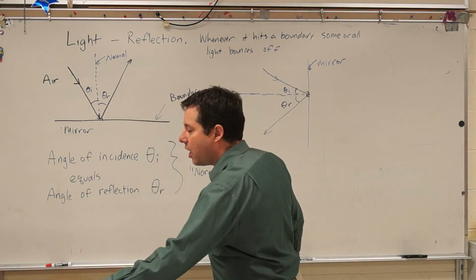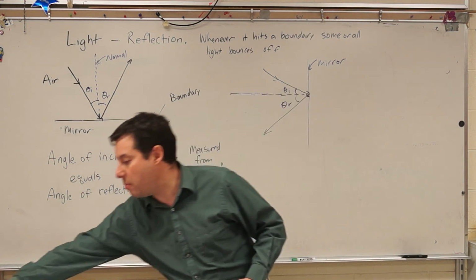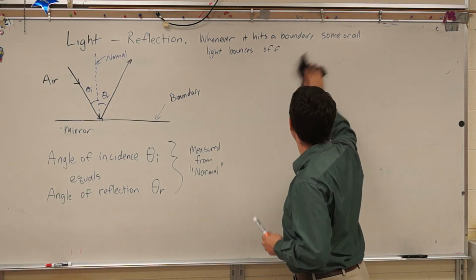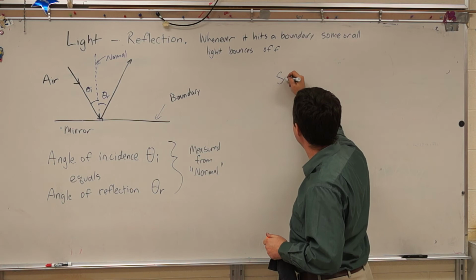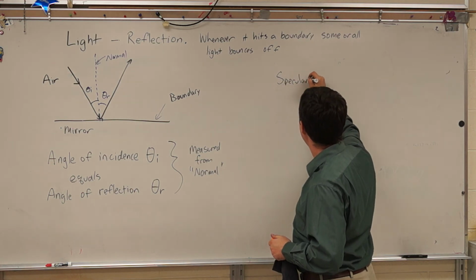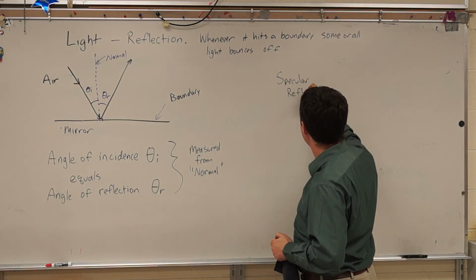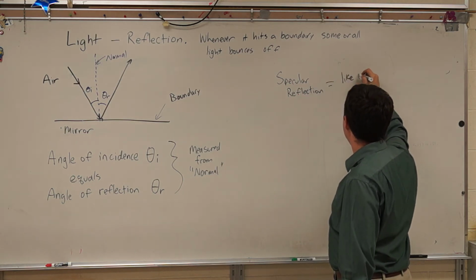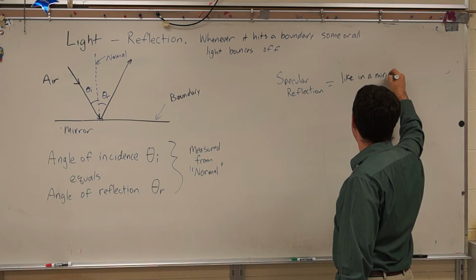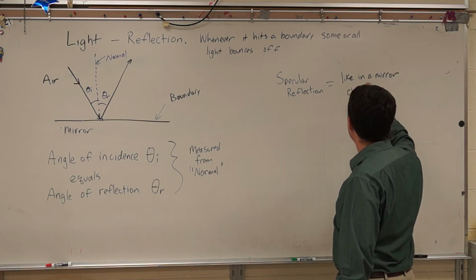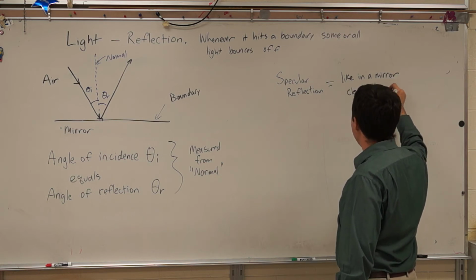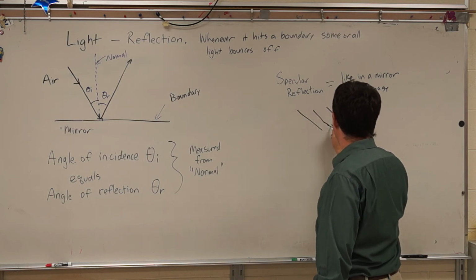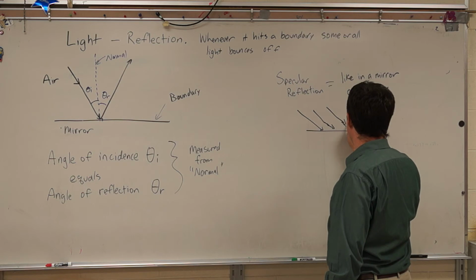We do have two types of reflection that I want to mention. The first one is called specular reflection. And that's like in a mirror where you get a clear image. It would be like imagining you have light rays coming down like this, and they all hit a surface here.